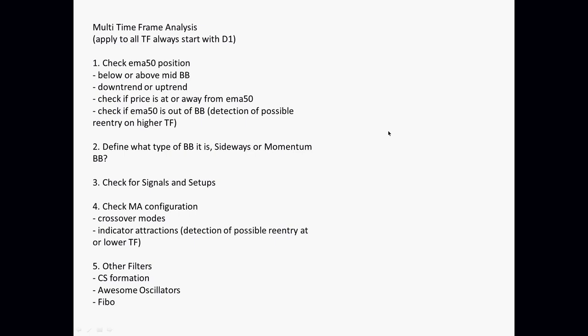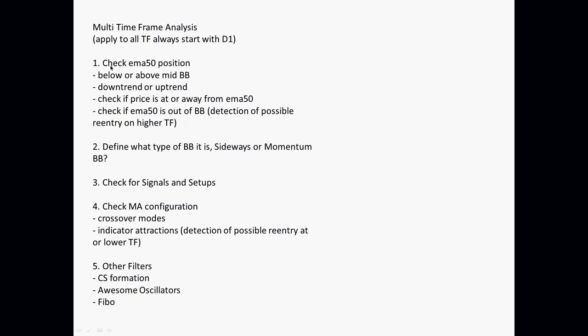Okay. So even though I start with daily, however, all of these SOPs need to be carried out accordingly in sequence, so that you'll have a much more defined, much more systematic way of doing your multi-time frame analysis.